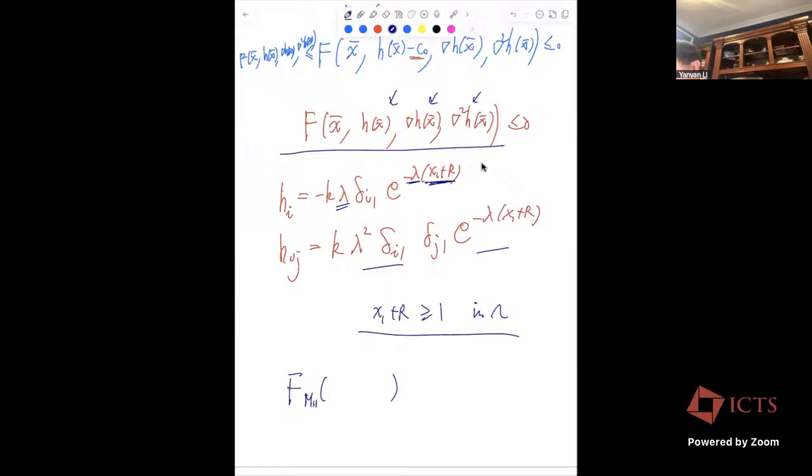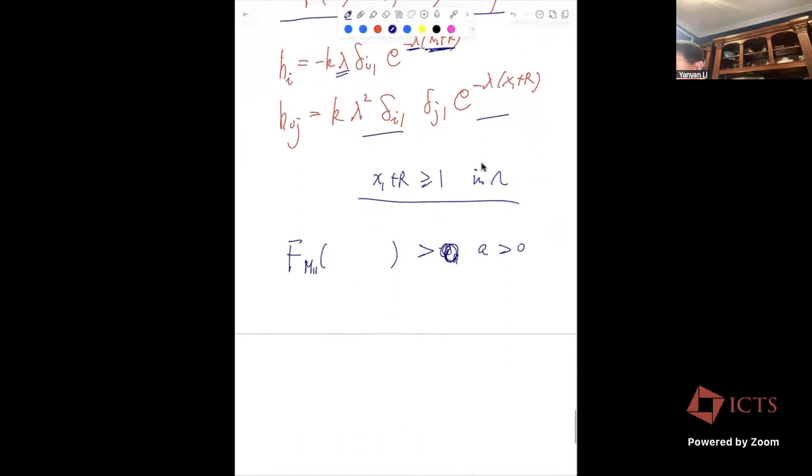F_M11 will be positive, have a positive lower bound, bigger than a positive constant, because they stay in a compact set and it's positive. So it's bigger than a positive constant.